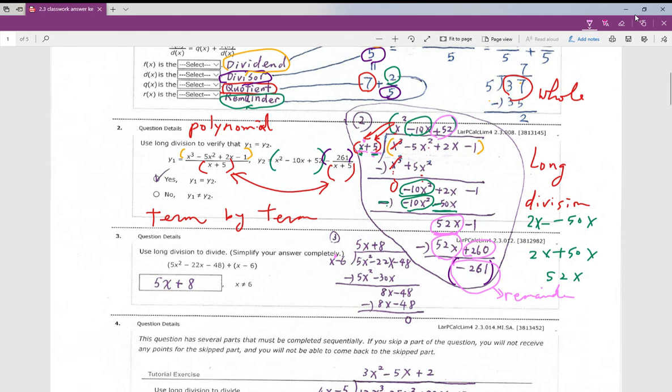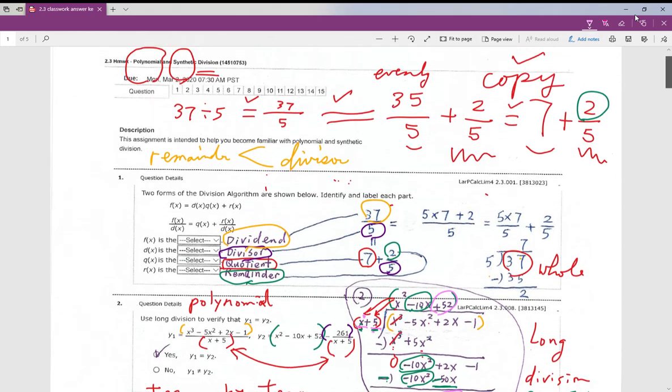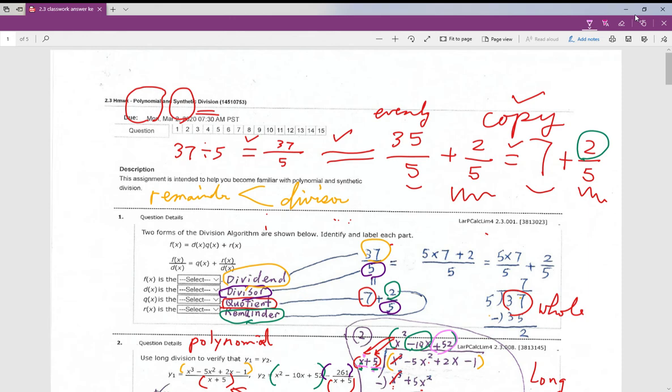So the degree of the remainder needs to be smaller than the degree of the divisor. When we have real number division, you say the remainder needs to be smaller than the divisor. But when we have division for polynomials, you have to compare the degree. The degree of the remainder needs to be smaller than the degree of the divisor.